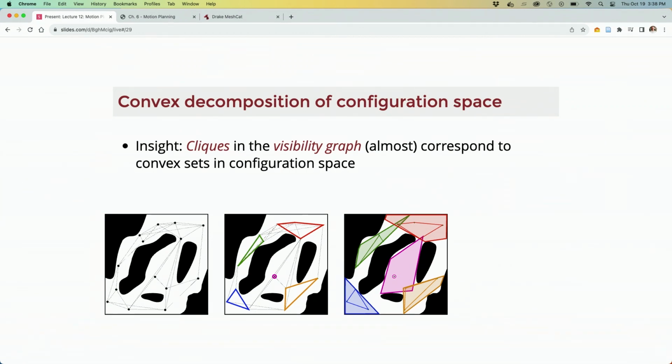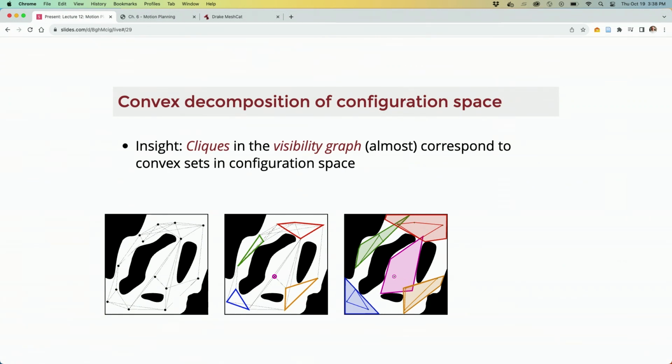Now, I have a discrete graph here. And the observation is that the cliques of the graph, so in graph theory, what a clique is, the vertices that are all connected to each other. They're clumps of vertices that are all neighbors, right? The cliques in this visibility graph have a correspondence to the convex regions of the space, right?